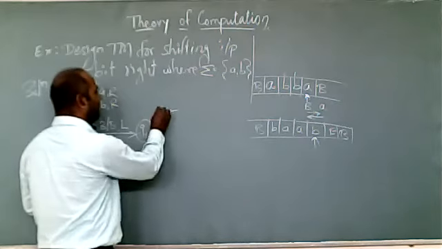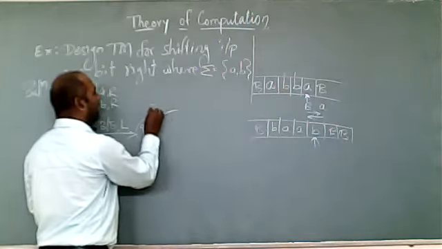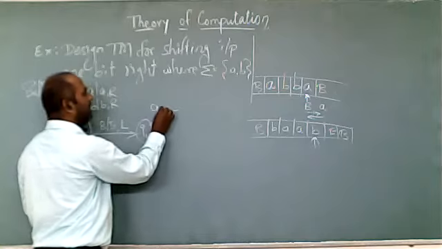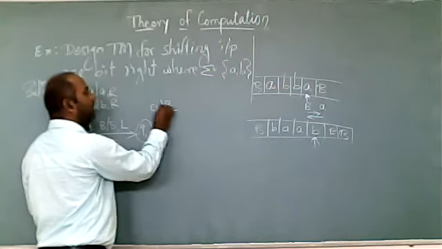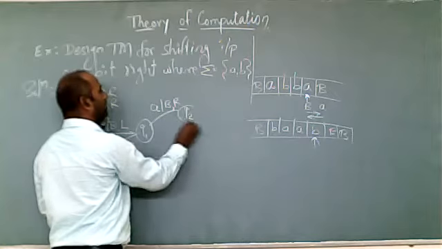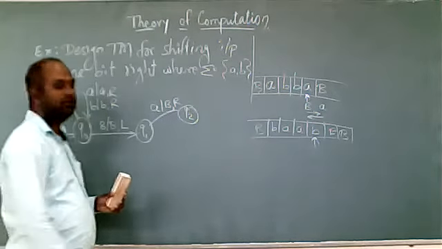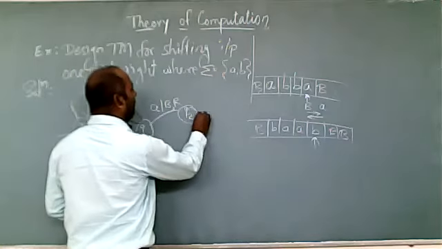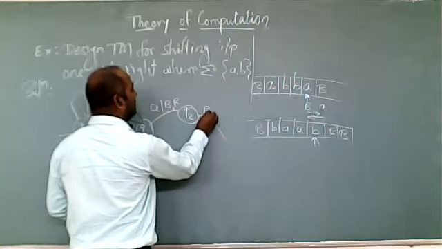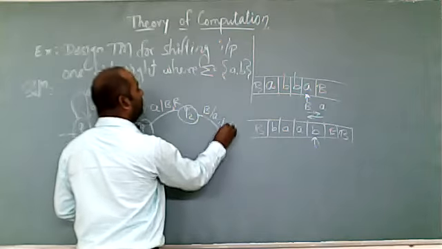So we'll just design it. At Q1, if I'm getting A, replace it with blank and move to right. Now, after that, if I'm getting this blank, replace it with A and change the direction to left.